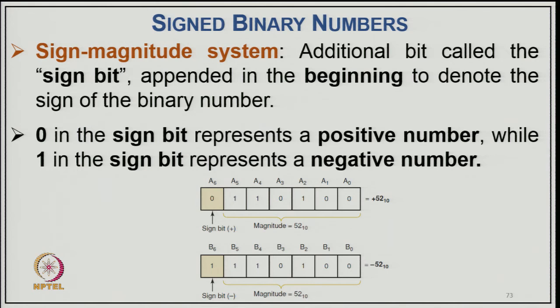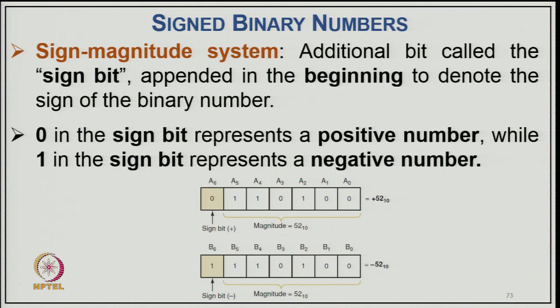You can see here a binary number equivalent to a decimal of 52. This bit, the most significant bit, we consider as the sign bit. So, we call this equivalent to decimal plus 52 at base 10, and here the sign bit is 1, which represents minus. Again the number is 52 in decimal, that is minus 52 at base 10.